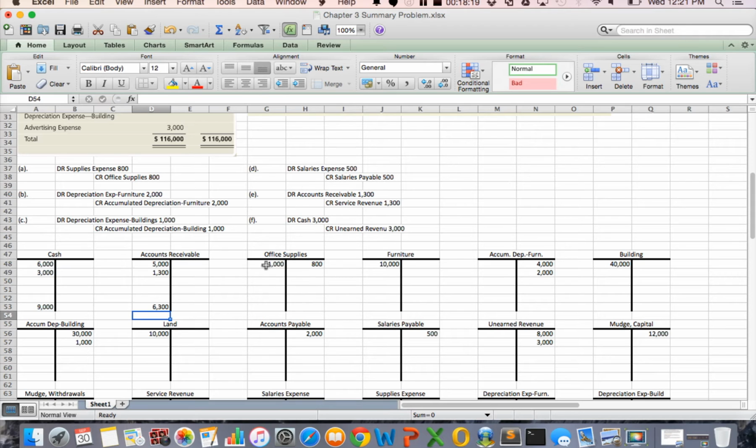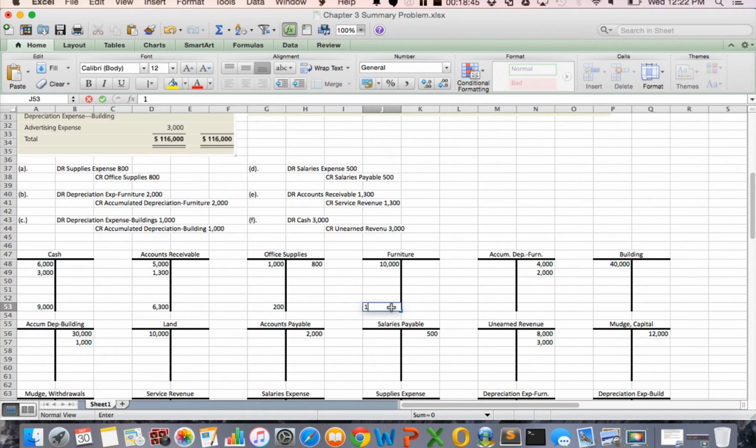Office supplies, debit $1,000, credit $800. Debit $200. Does everyone see how we got the total of that one? The easiest way to do these when you have information on both sides is you just take the biggest number minus the smallest number. That gives you 200, and put it on the side that had the biggest number. So debit 200, office supplies.